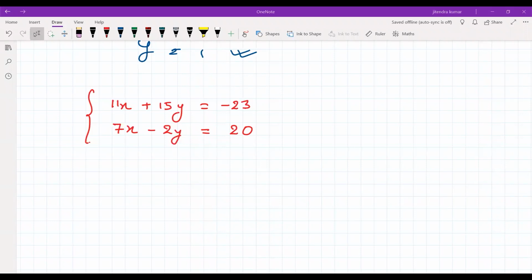x is equal to 2, y equal to -3, right? Yeah, that is correct.